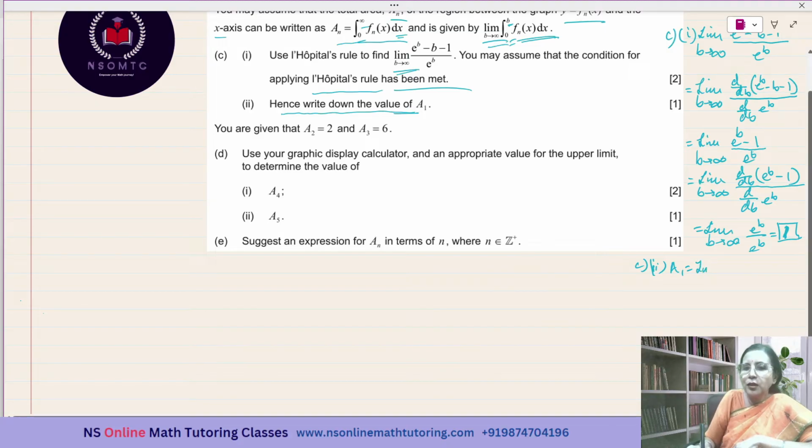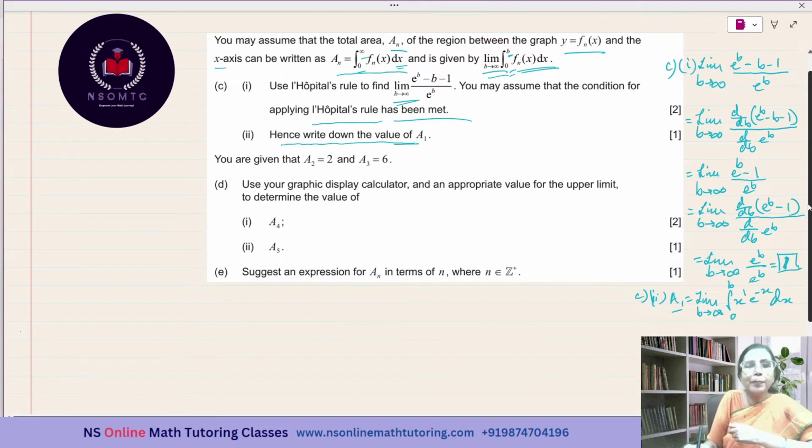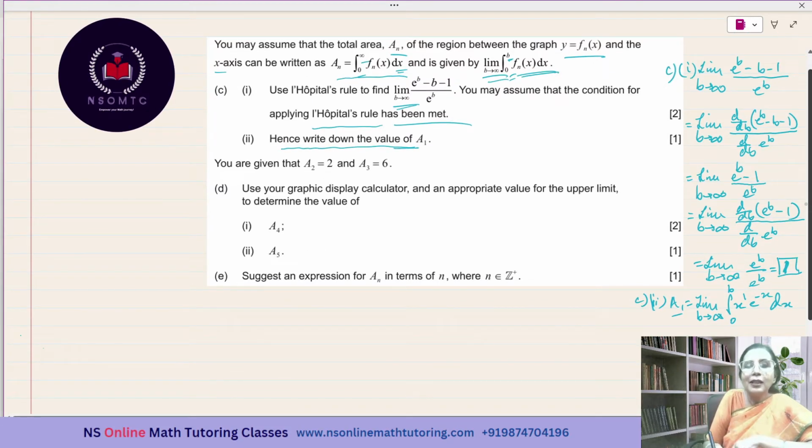So limit b tends to infinity, and the integral limits will be 0 to b, and it will be x to the power of 1 because it is x1. So, a1 is x to the power of 1, e to the power of negative x dx. And we had found the expression for the integral from 0 to b of x e to the power of negative x in our previous subpart, in the subpart b, as this. Okay. And we have found the value of this as 1.